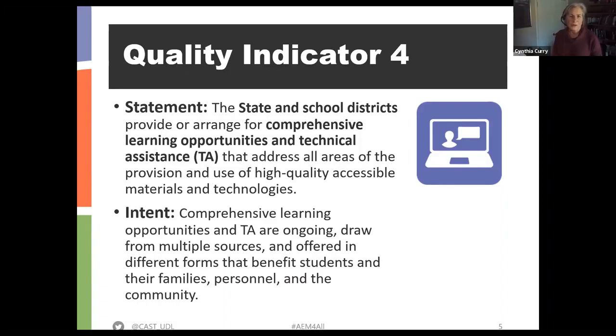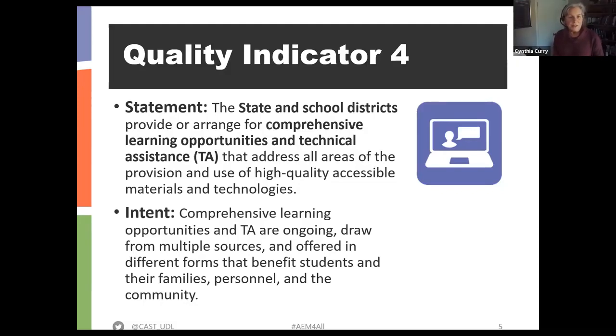And what we would prefer when it comes to training and technical assistance related to AIM is that it really be embedded in those initiatives and job-embedded requirements, and in ways that any individual role or responsibility is working to improve services and teaching supports for all students, including students with disabilities.